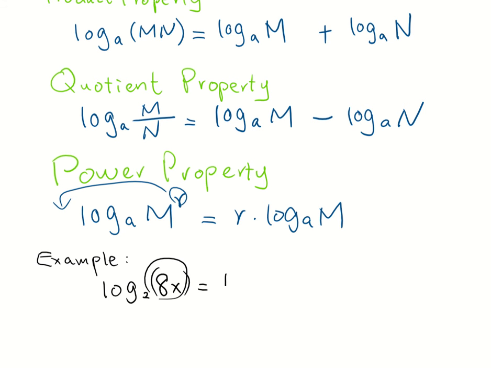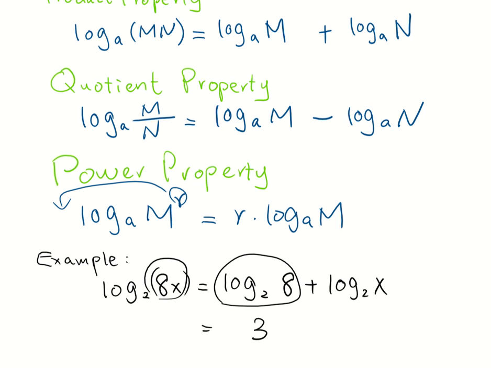So you can write it as log with base 2 of 8 plus log with base 2 of x. I could have stopped here, but I couldn't help noticing that log with base 2 of 8 is actually a number. What number is it? That is 3, right? So the final answer will be 3 plus log with base 2 of x.